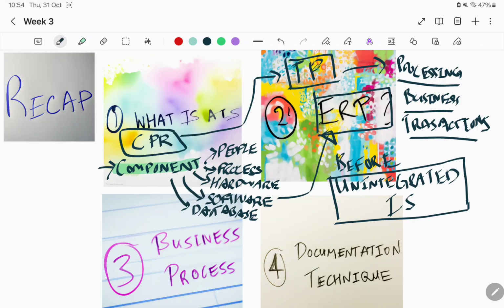Before, they had, let's say, one system for purchase, one system for sales, and one system for inventory management. This is bad because it is not integrated, so information between these systems will be very slow, and it would delay the information and disrupt decision making.